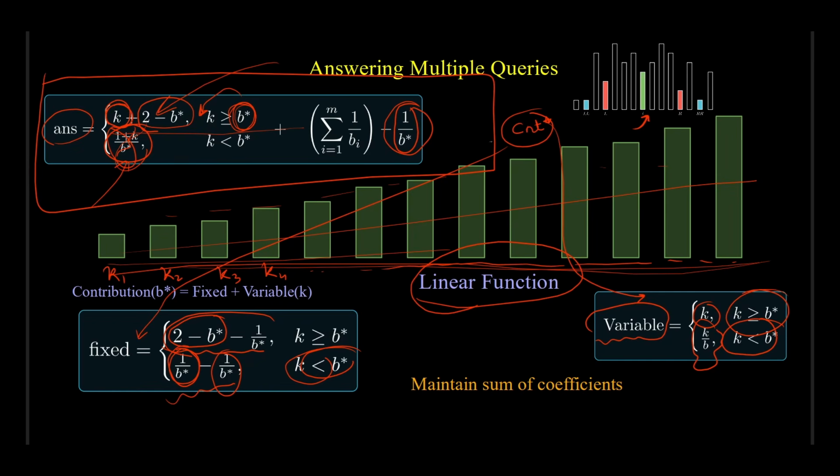And this count into fixed part will be applicable to all the ki values as long as they are greater than the minima, right? And this ai itself is the minima.